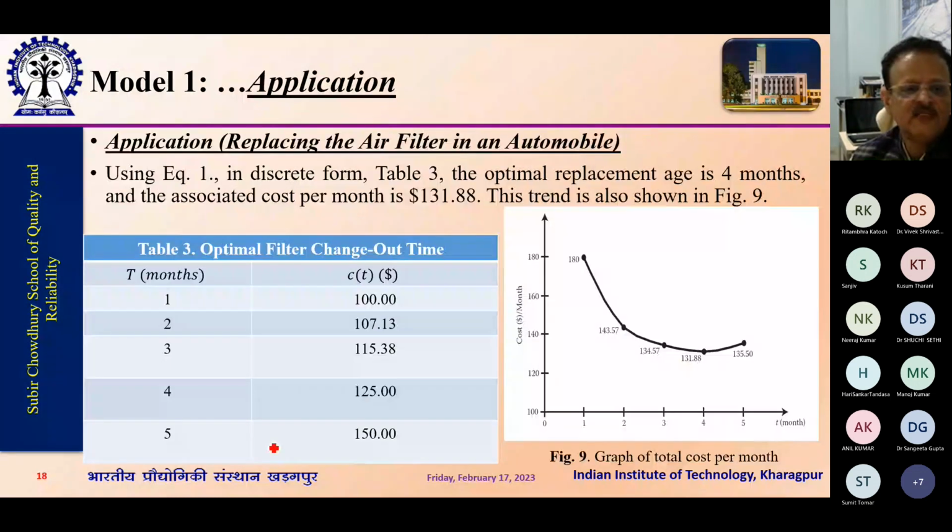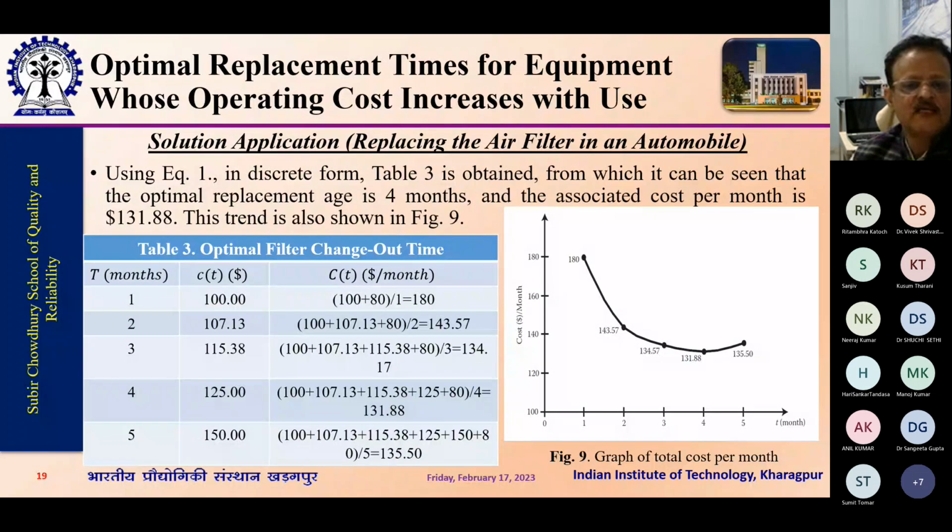One can find out that the first month the operating cost is turning out to be 100. Next month it is turning out to be this. So this is the value of the operating cost at different points of time. Okay, so one can compute the total cost in each month. So this is 180.